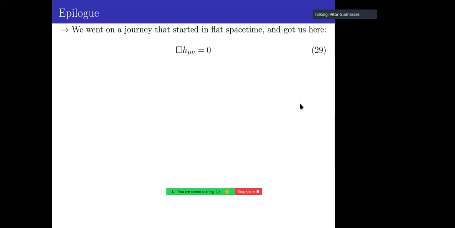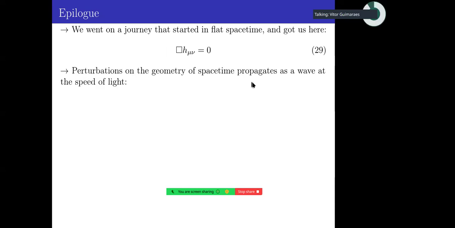This is insane, right? So the geometry perturbation propagates as a wave. This is what this equation is telling us, right? So perturbation of the geometry of space-time propagates as a wave at the speed of light.